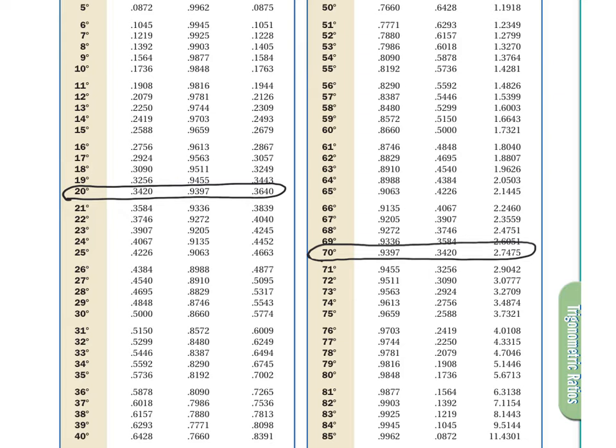Here are all those ratios. Again, note that for 20 degrees, these are more accurate than my crudely drawn one. That 0.3420 is right there, 0.3420. 0.93, this is the sine, this is the cosine, this is the tangent, and this is the sine, and this is the cosine, and this is the tangent, that row.